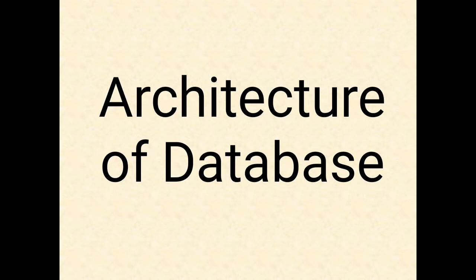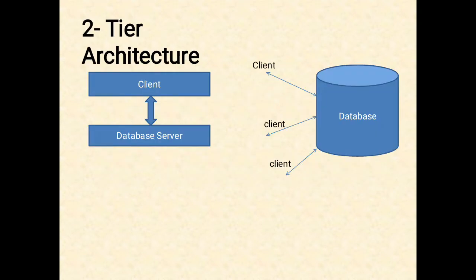Now let us discuss the two-tier architecture. In two-tier architecture, application program or client directly interacts with the database. There will not be any user interface or the user involved with database interaction.